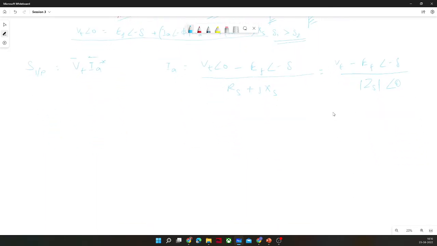Perfect. Now we will try to model it in terms of Vt and Ia. Since Vt will always be given, Ia we have to convert in terms of Ef and Vt, and Ia conjugate I can write.